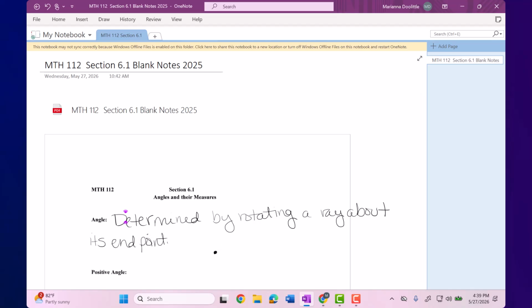So for example, a ray would have a point, and then we would have some line going any direction. Mine's just going this direction. And this would be considered your initial side that I drew here.